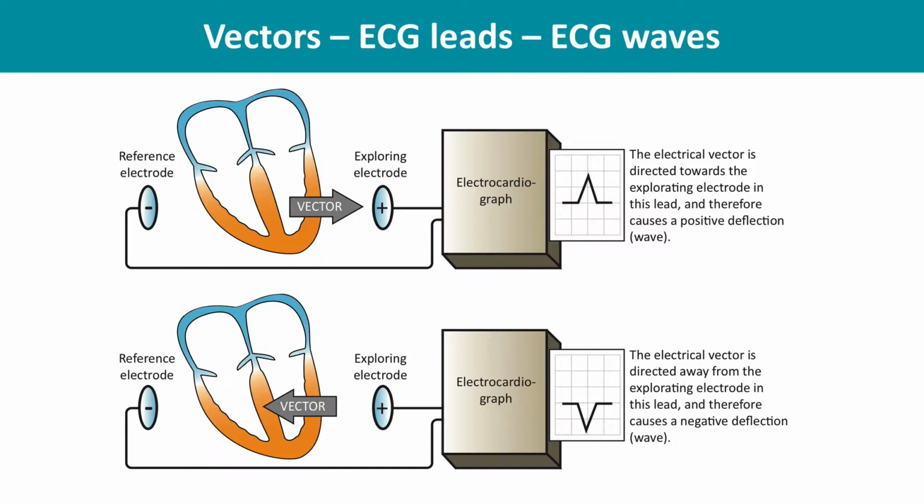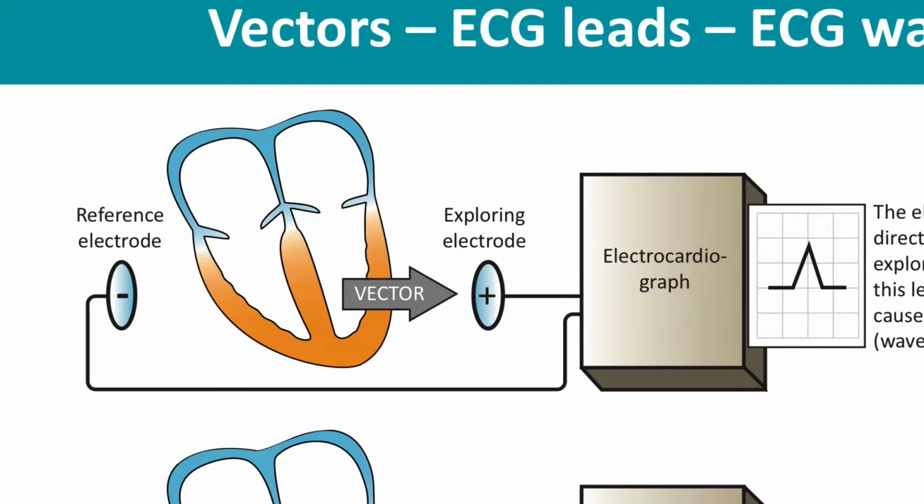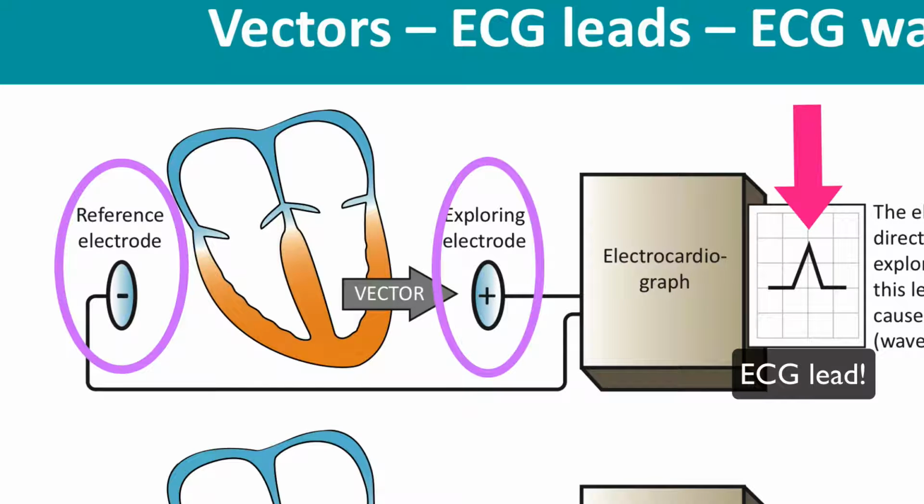Consider this image. This is a simplified image which shows the heart, two electrodes, the ECG machine, that is the electrocardiograph, and there is one ECG diagram. Now this diagram is actually the ECG curve, or even more correctly, the ECG lead. So this ECG lead is obtained by using or analyzing two electrodes.